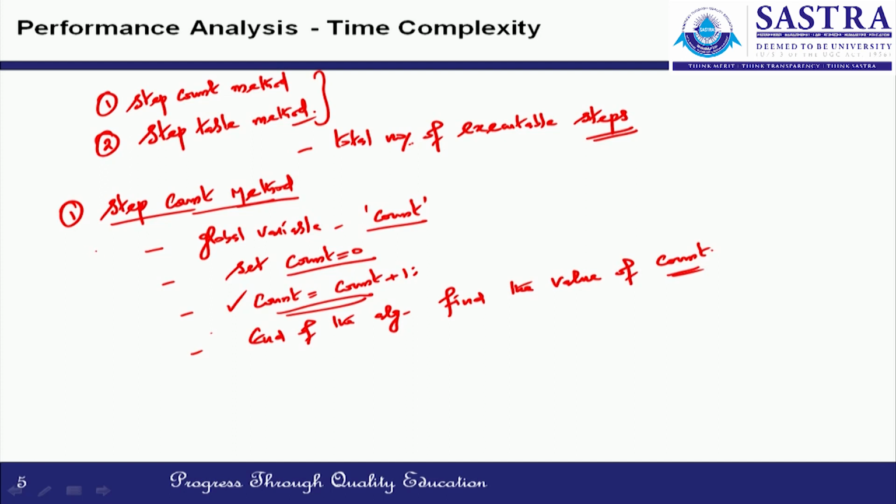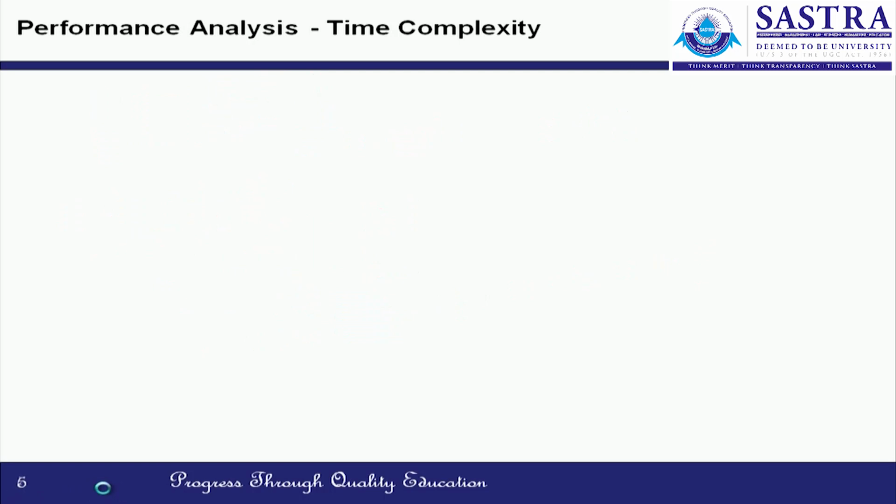This is the procedure in finding the total number of executable steps using the step count method. Now, let us illustrate the step count method. Example 1, step count method.